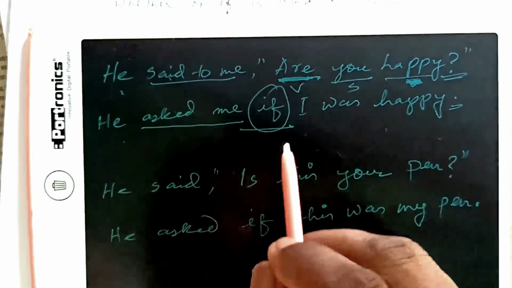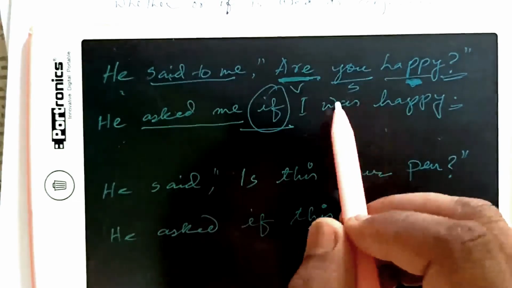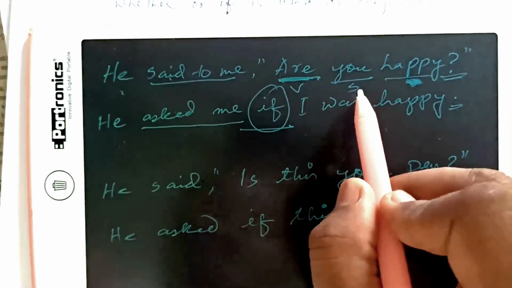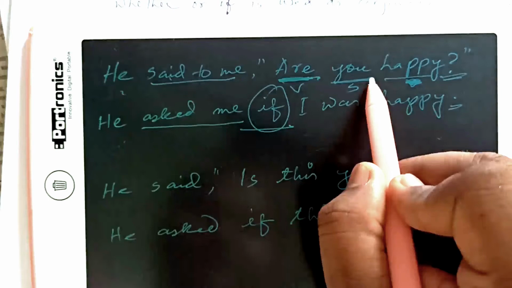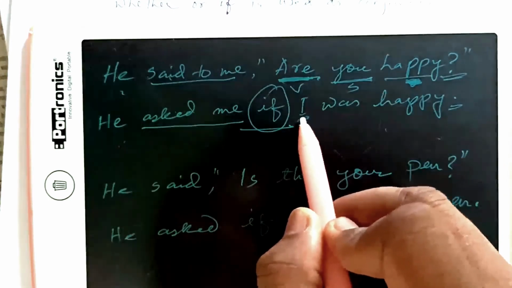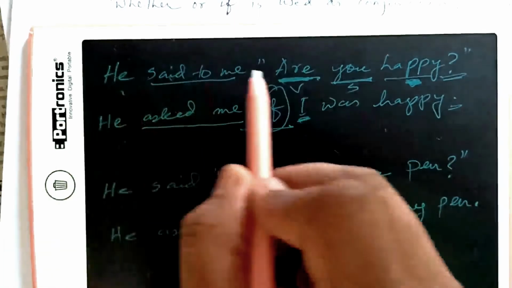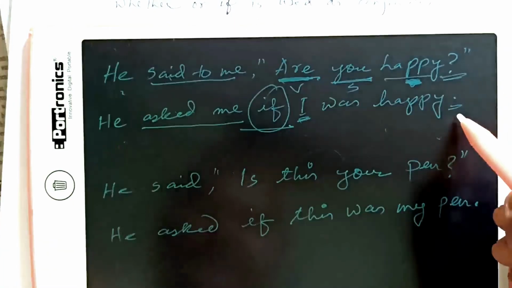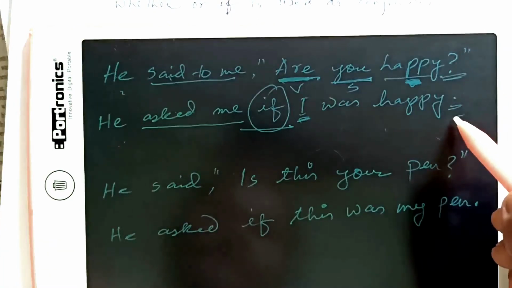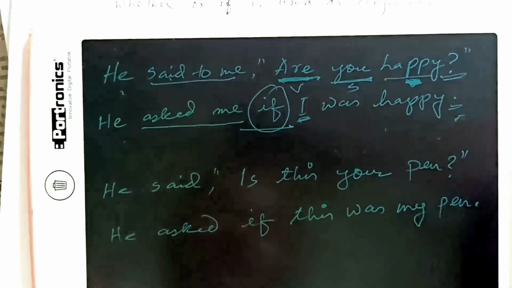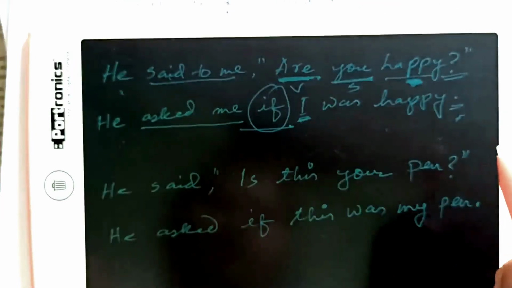So what we need to do is, the subject will come first in the case of an assertive sentence. That means we're changing this interrogative sentence into assertive. Remember, this is the rule of interrogative sentences when changing from direct speech to indirect speech.